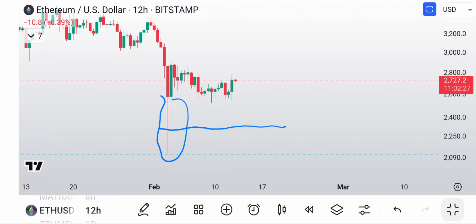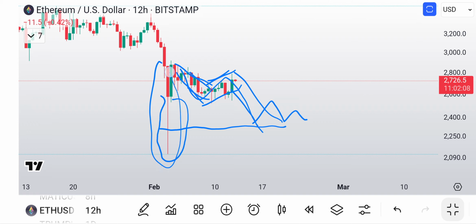That could be the target, somewhere down there where we have to sort of make our way down, work our way back up, and then sort of finish off in an ABC style retracement of this major dump we had.